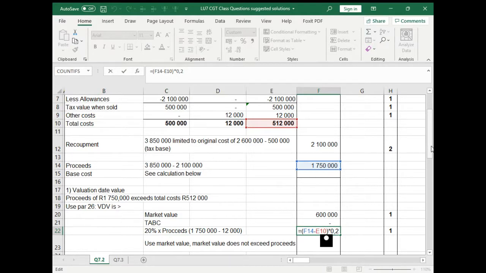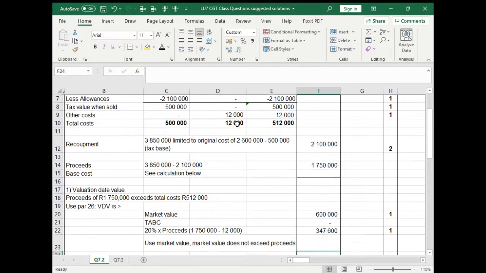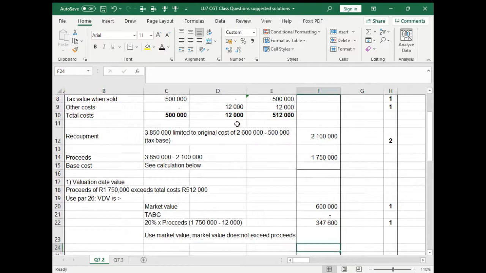No, that was the 12,000. Sorry, it's 12,000. I know why my formula is wrong. I linked it to the wrong thing. Okay, so the amount is 347,600, right? Okay.